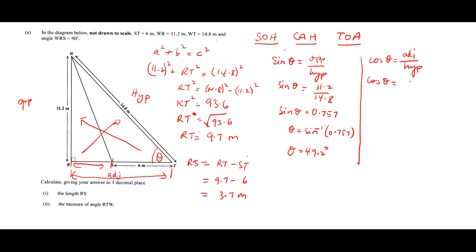We worked out RT and we got 9.7, over the hypotenuse, which is WT, which is 14.8. So therefore cos theta is equal to 9.7 divided by 14.8, and we get 0.655.